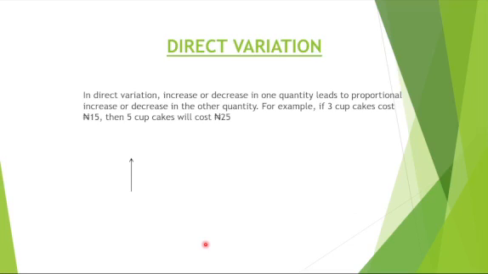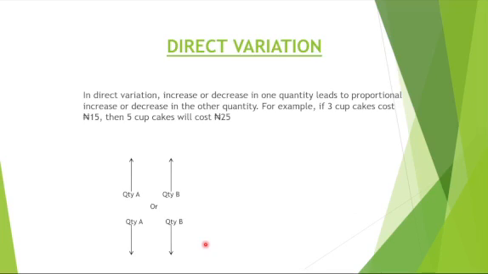I have a simple diagram that explains this. As you can see, an arrow coming up. Let that arrow represent quantity A. So we have another arrow representing quantity B. This shows that as quantity A is going up, quantity B is also going up. On the other side of it, if quantity A is coming down, you also see quantity B also coming down.